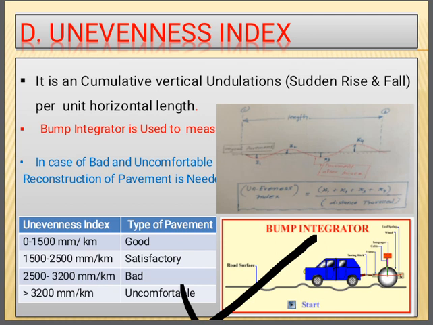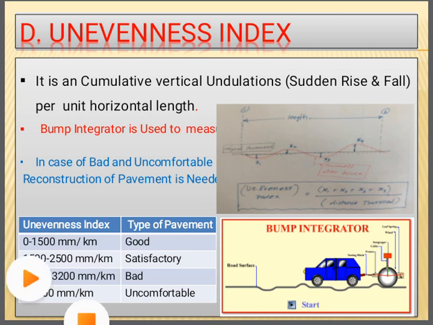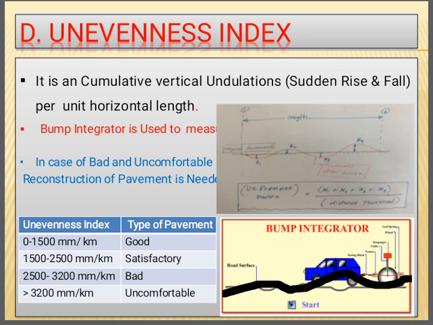So here is given an example of an unevenness surface. See, over this a vehicle is moving, and this is the bump integrator which is utilized to measure the unevenness of the surface. These are the corrugations, in highway engineering called unevenness.